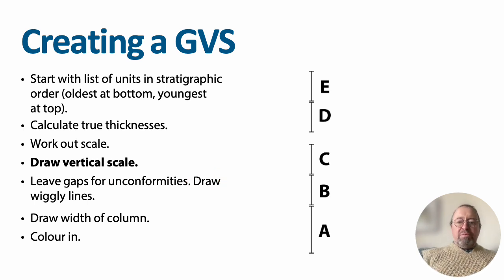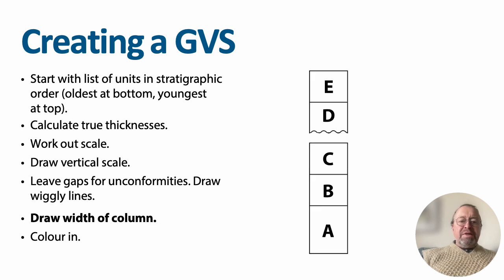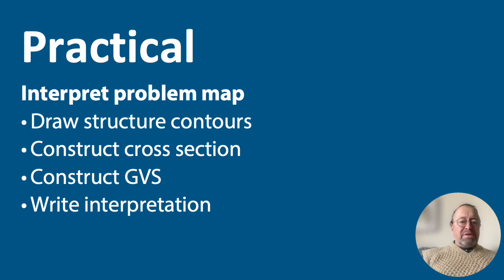So for example here, we would have between C and D, there's the unconformity. That's when the erosion and uplift occurs. And then you need to draw a width. That's pretty arbitrary, but use a little bit of common sense so it looks a bit like this, and then you color it in.